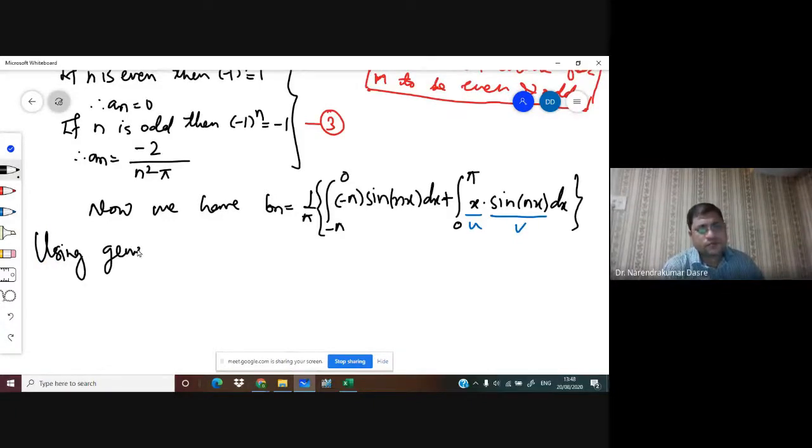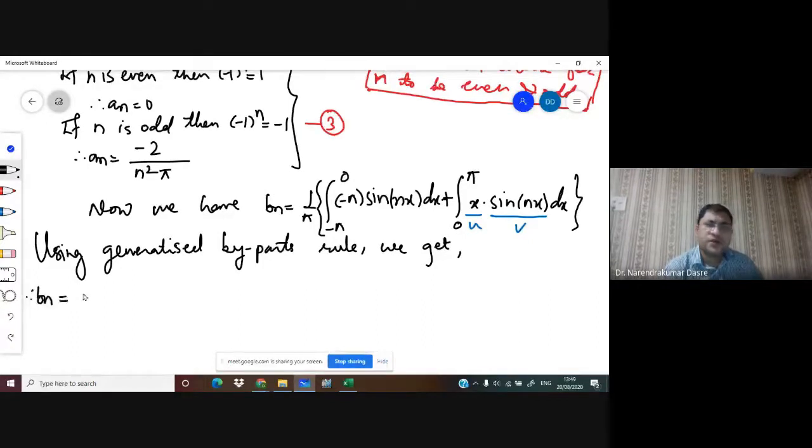So we can say, using integration by parts rule, we get Bn is equal to 1 upon pi.